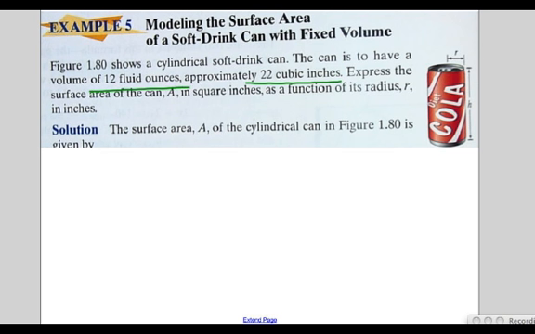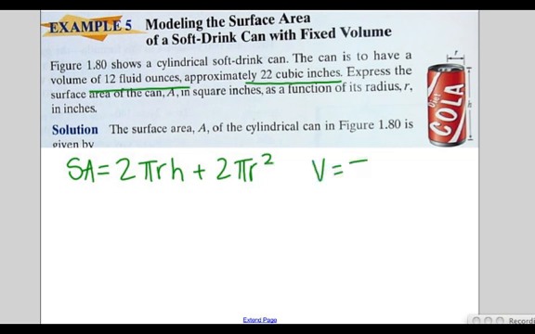That's the cylinder soft drink. And I want to represent its surface area in terms of its radius. Now, a few formulas I want you to know first that you might not remember. Surface area of a cylinder, 2 pi rh plus 2 pi r squared. And volume of a cylinder is pi r squared h.